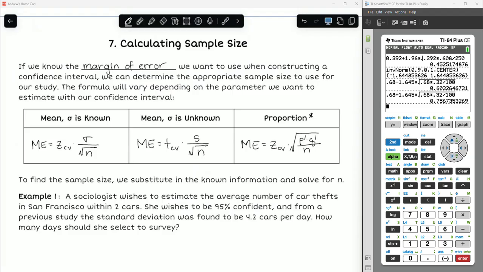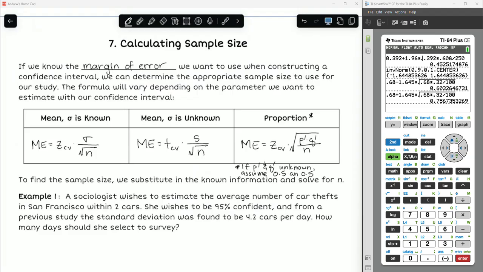In that case, if you don't know p prime and q prime, you're going to assume that they are 50-50, 0.5 and 0.5. Once we've set that formula up, it's just a little bit of algebra to isolate n in the equation.